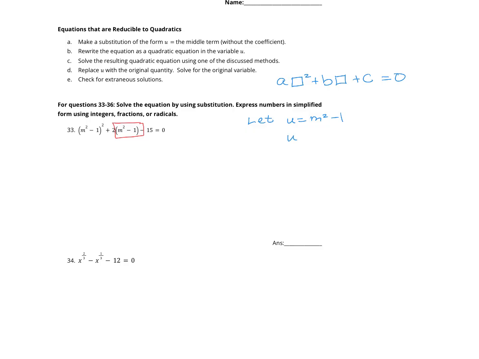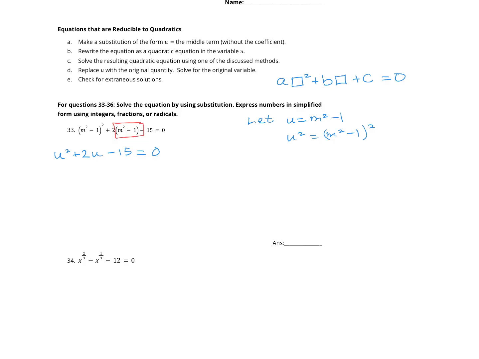And in that case, if I square both sides of this, u squared is m squared minus 1 quantity squared. So where I see the m squared minus 1 squared, I can just rewrite that as a u squared. The 2 is already part of the equation. I just copy it down. The m squared minus 1, I swap out with a u. The minus 15's already there, and I end up with a nice little quadratic equation.